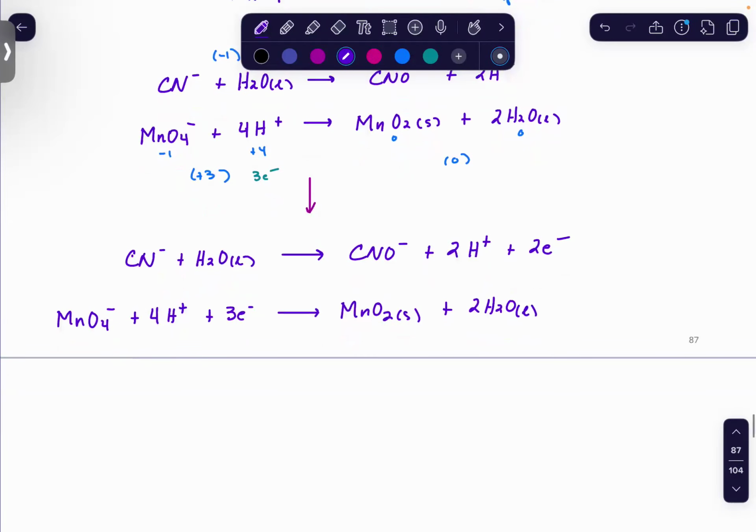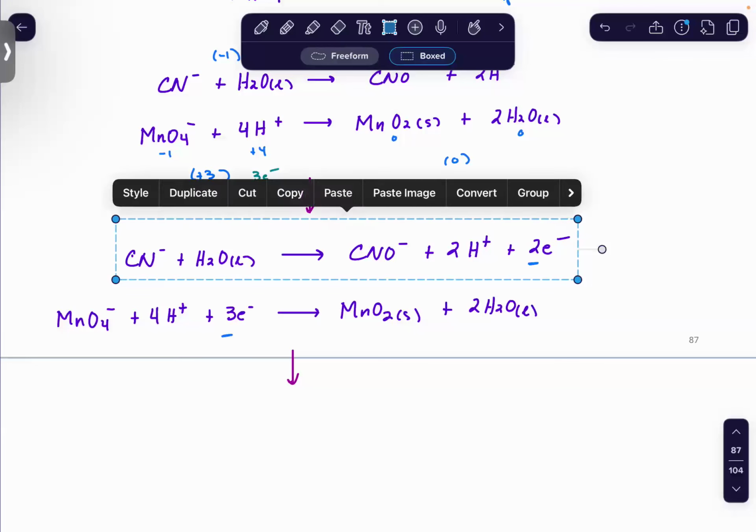Okay, so what do we have? We have 2 electrons and 3 electrons. The lowest common multiple of those two is 6. So take this equation here.